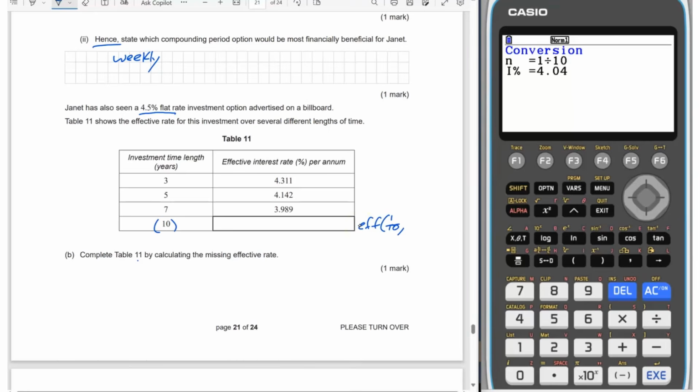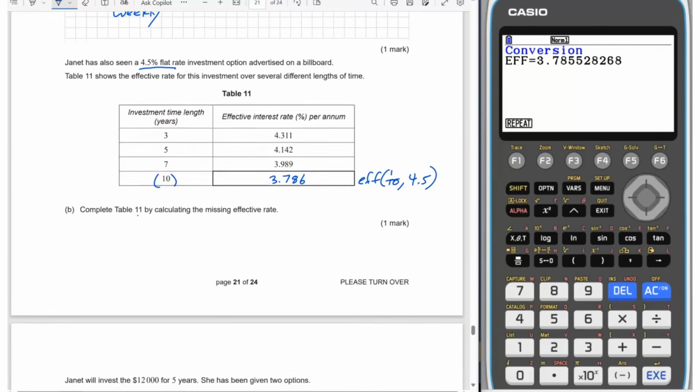And then we're going to pass in the 4.5% flat rate interest. So effective rate, and so we're going to have 3.786. So we want to use 3 decimal places because that's what the rest of the table has used. So we're just going to have some consistency there.